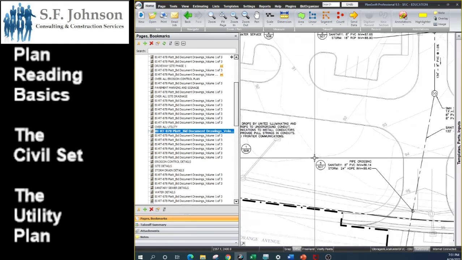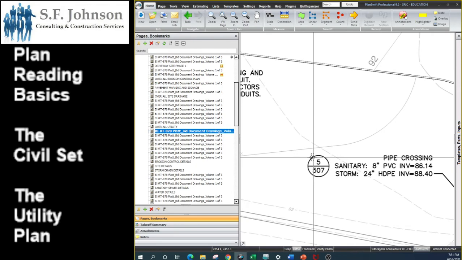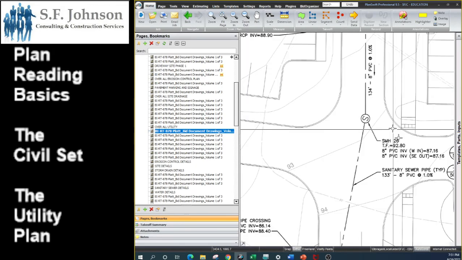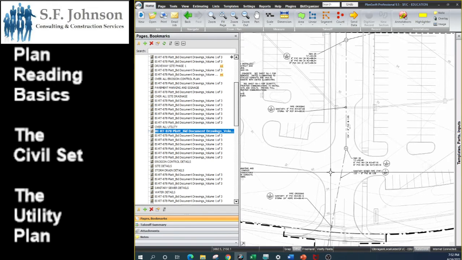You're counting all of your wonderful sanitary sewer, storm drain apparatus, and going into the detail view, figuring out, do you need bedding, do you need gravel. It's a nerd's dream because there's so many things to do.